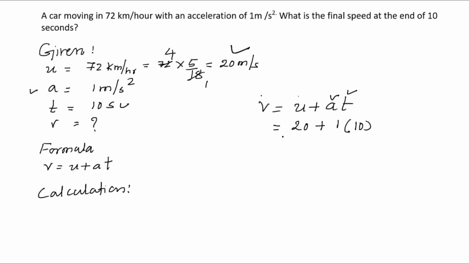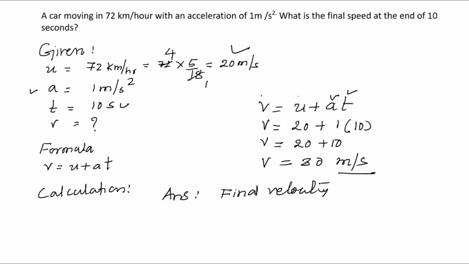Look at this number. So v is equal to 20 plus 1 into 10, which is equal to 20 plus 10, right? And therefore v is equal to 30 meter per second. This unit is very important. Many times we forget to write the unit, and therefore we have to write the answer, right? Final velocity or speed after 10 seconds is 30 meter per second.